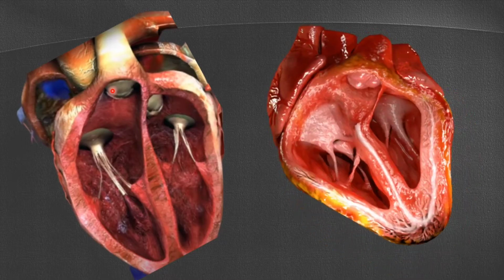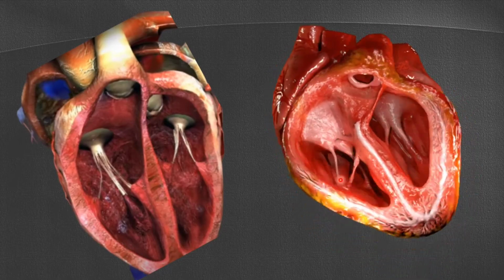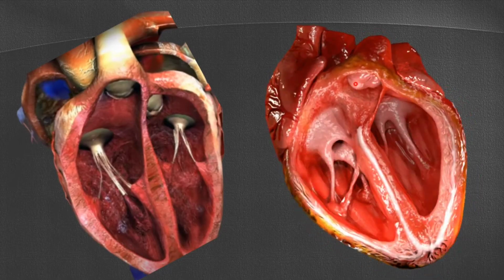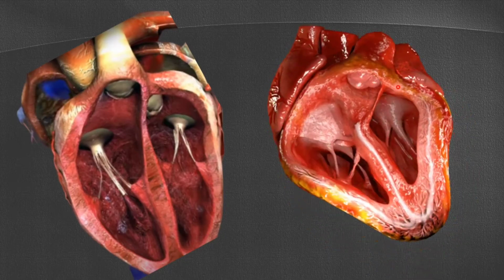So there is more force applied on the left side as compared to the right side, because the right side pushes blood into low pressure vessels and the left side has to push the blood towards the high pressure vessels.